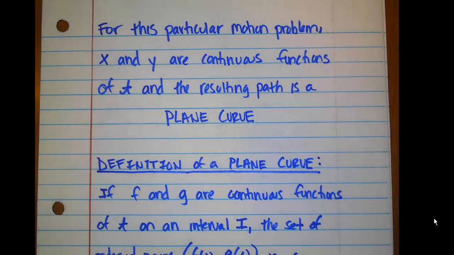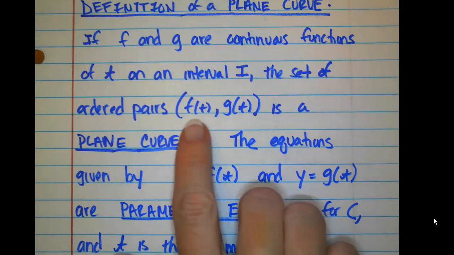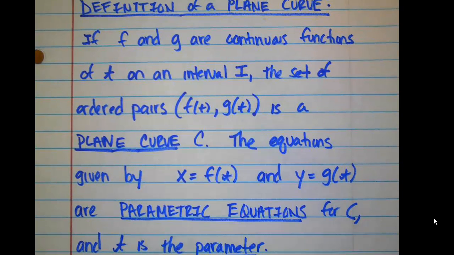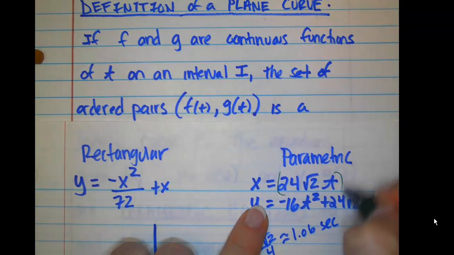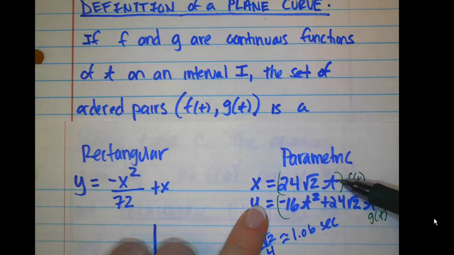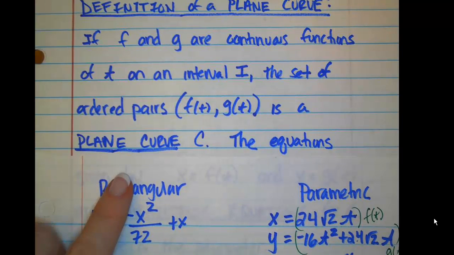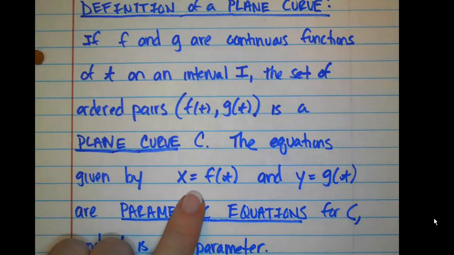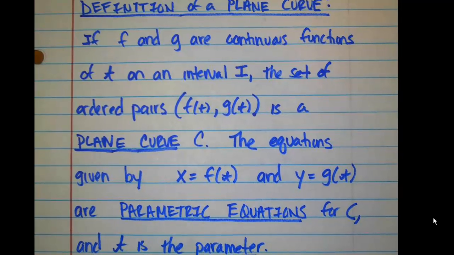If f and g are continuous functions of t on an interval I, the set of ordered pairs f of t and g of t is considered a plane curve C. In our previous problem, this is our f of t and this is our g of t; we were given a specific function for x and a specific function for y. The equations given by x equals f of t and y equals g of t are considered parametric equations for C, and t is the parameter.